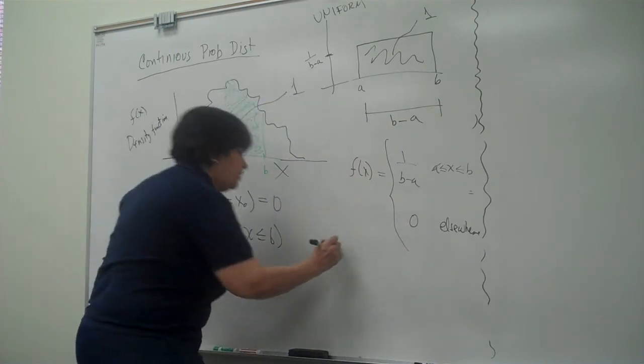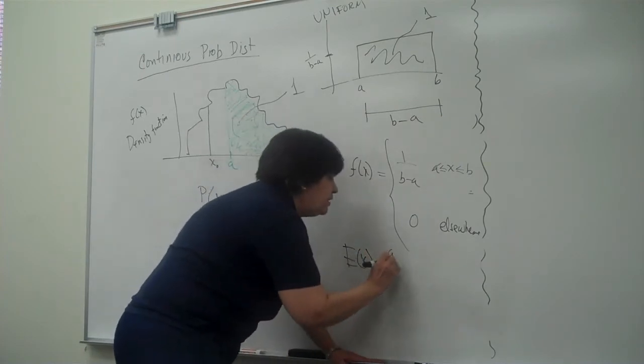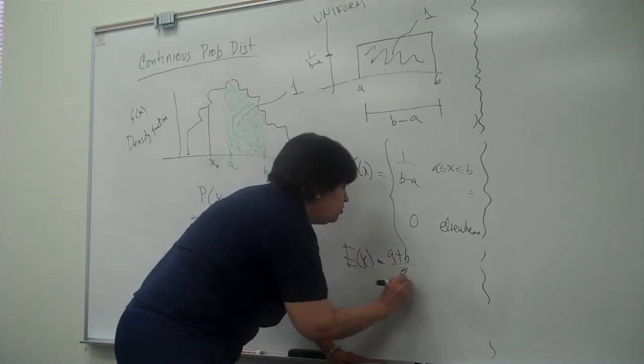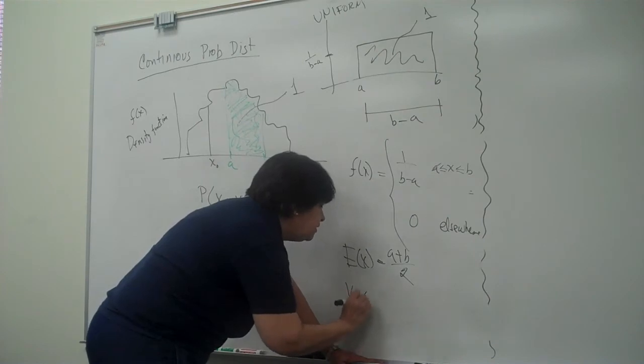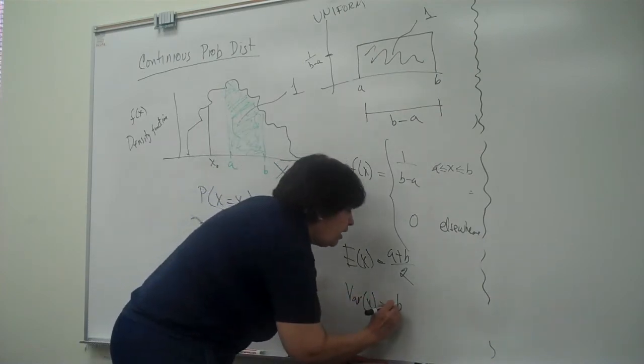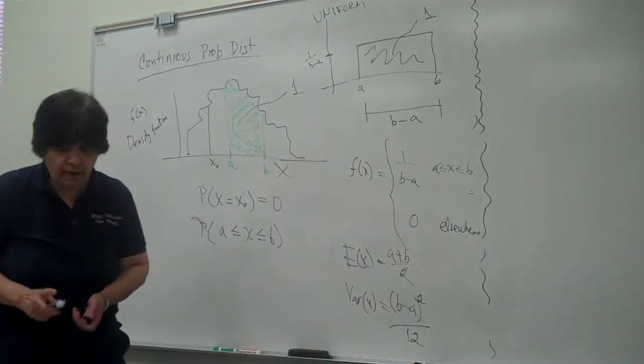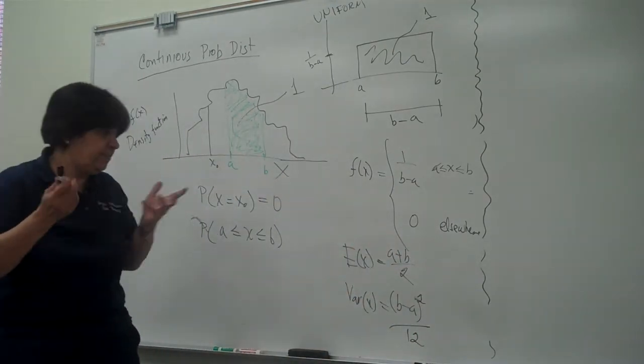The expected value in the uniform distribution is a plus b divided by 2, and the variance of this distribution is equal to b minus a squared divided by 12. That's it.